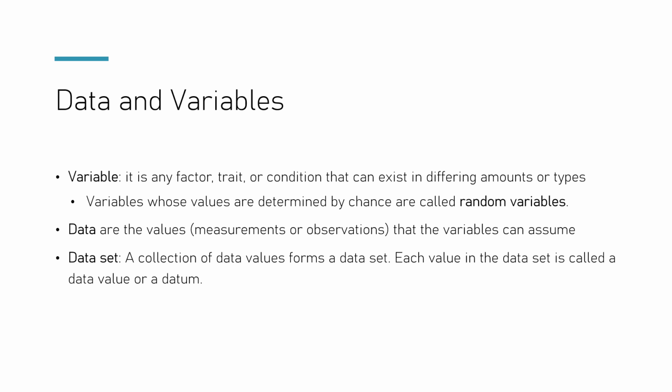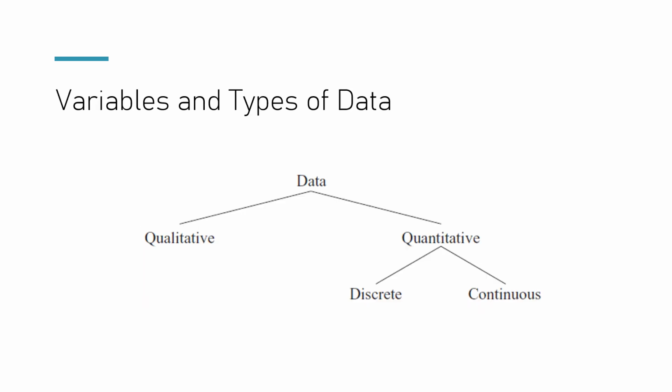And what is a data set? A collection of data values form a data set. Each value in the data set is called data value or a datum. So if you are collecting the age variable of, let's say, 100 sample size, so each person would have their own age. So that would constitute a data set.